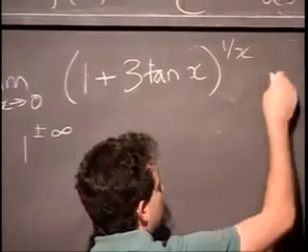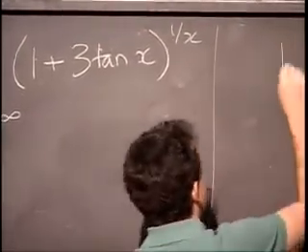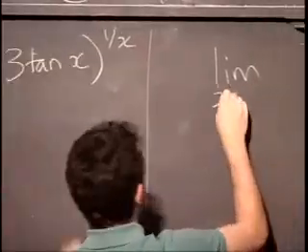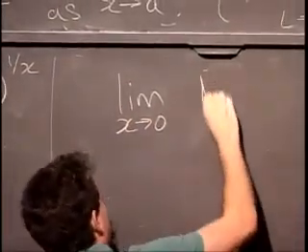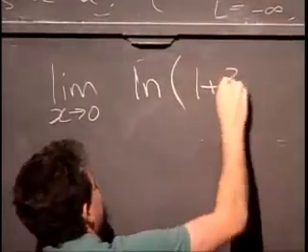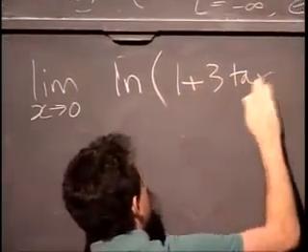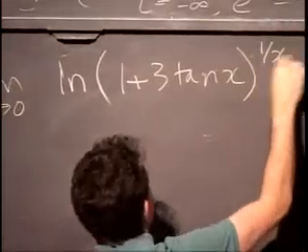So what do we do? Resist the temptation to do anything. Instead, start with the log of it. Log of (1 plus 3 tan x) to the power 1 over x.